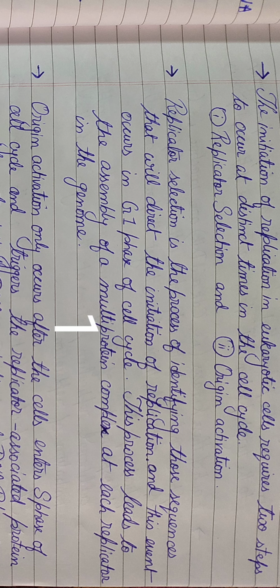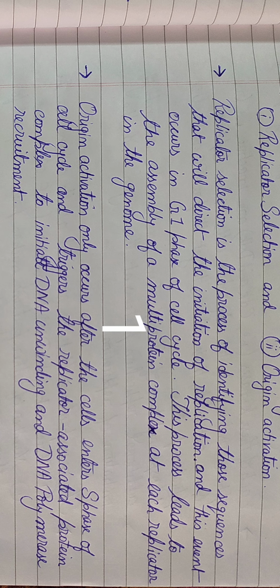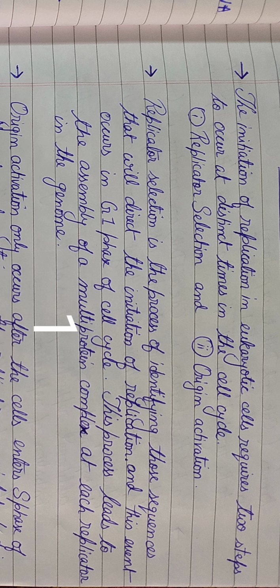This process leads to the assembly of a multi-protein complex at each replicator in the genome. So the first step for initiation of replication in eukaryotic cells is replicator selection.